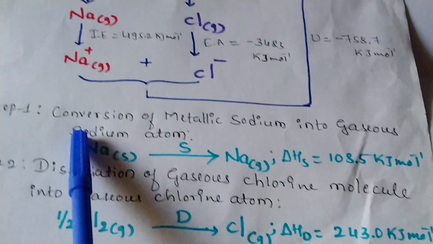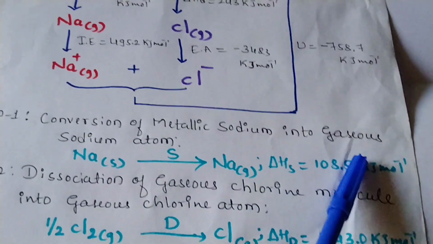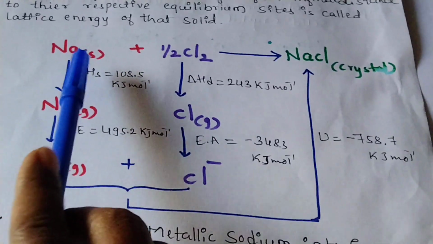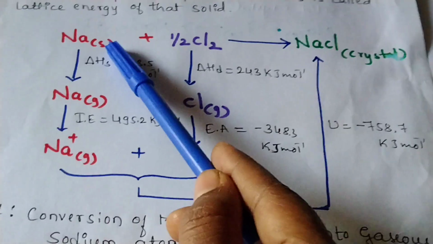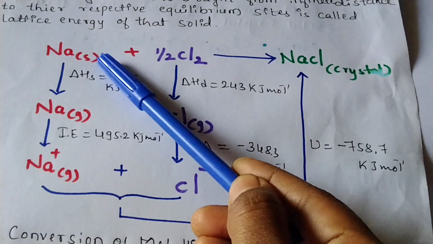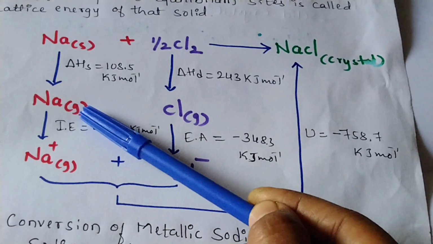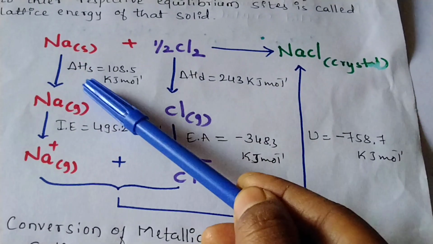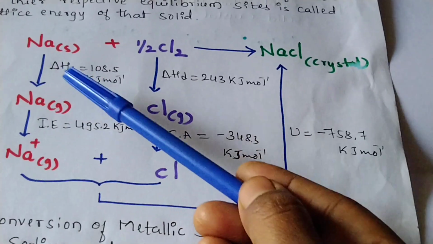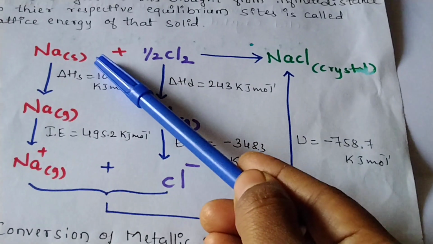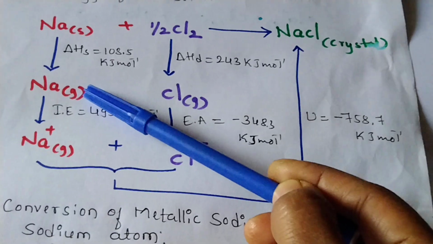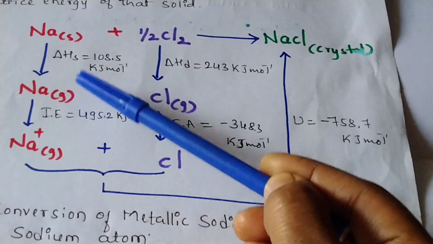The first step is conversion of metallic sodium into gaseous sodium atom. Here we can observe this is a metallic sodium atom. First we have to convert the metallic sodium atom into a gaseous sodium atom, which requires some amount of energy.